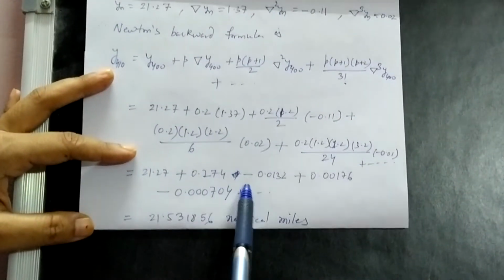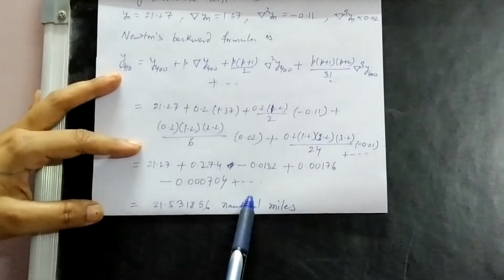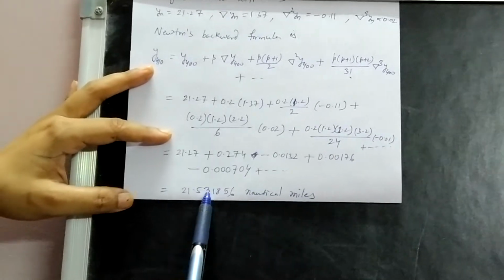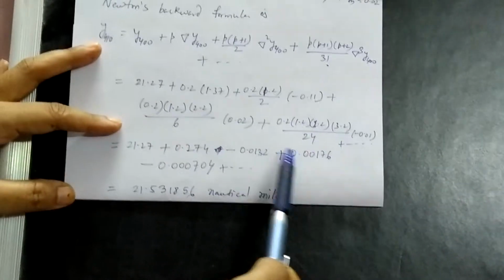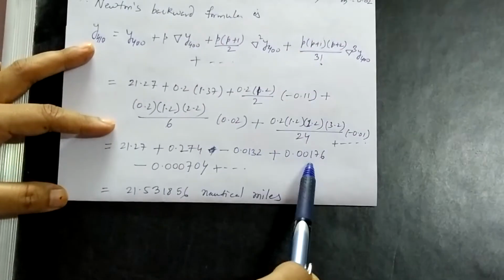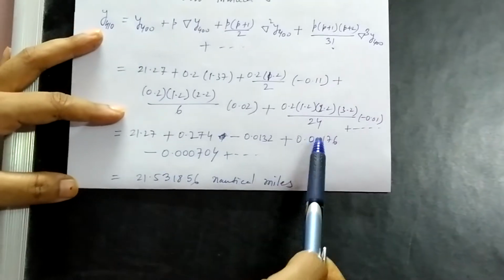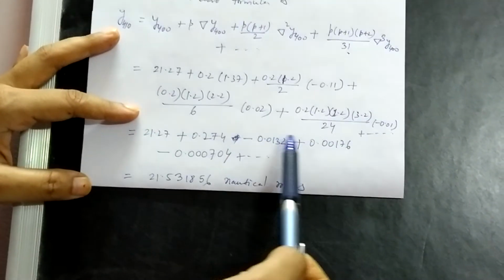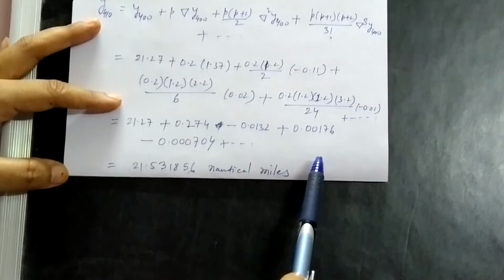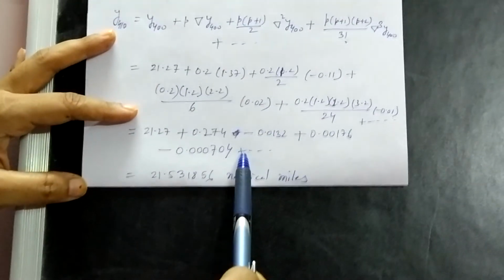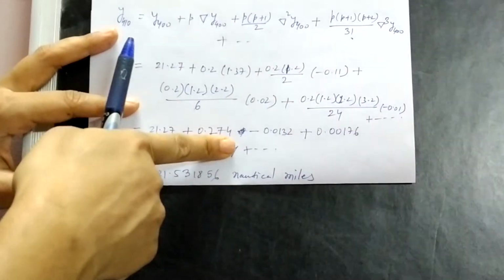If you have more terms left in your table, then you can take them. But if you want to truncate after only 2 terms, then you see the values come up to this point and this point. So you may not take this value, because up to first order of approximation, meaning after 1 decimal point, things are matching. That's why I have written dot dot dot. It might be possible that you leave this value and compute up to this value.